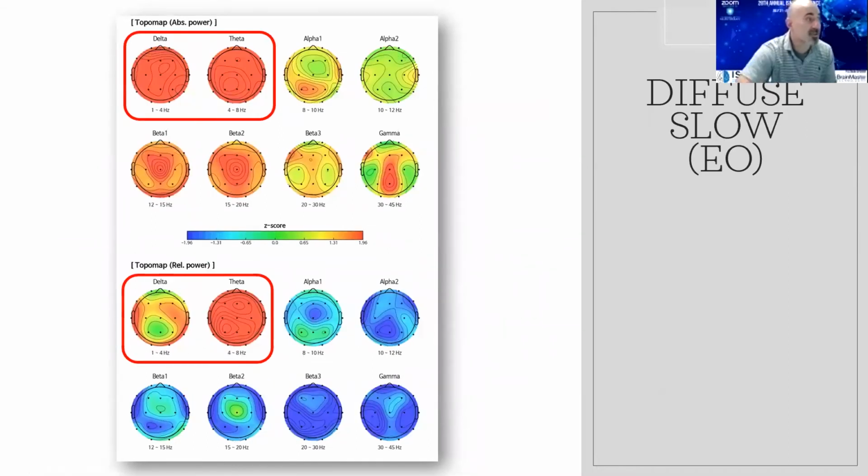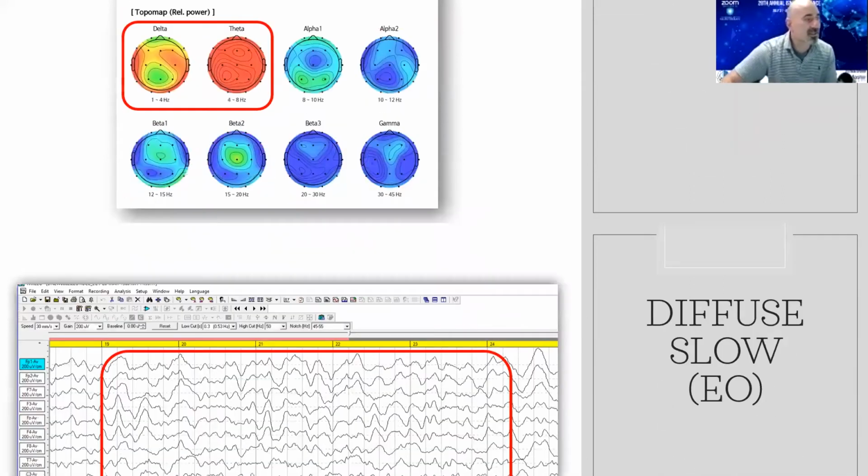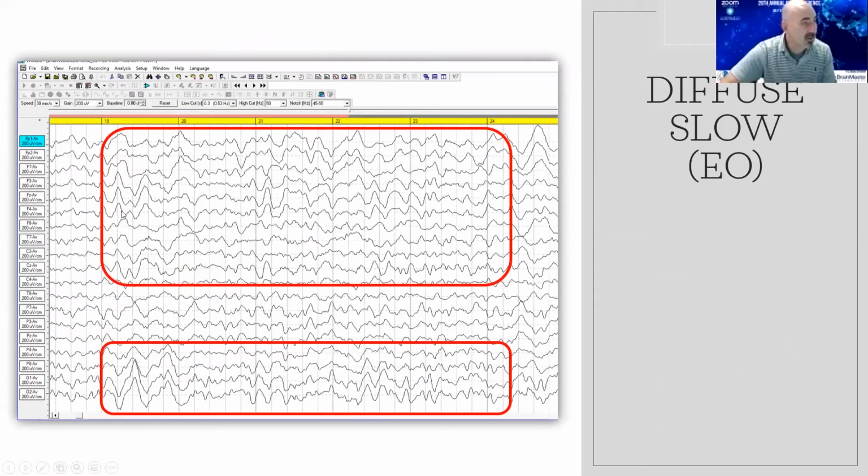And diffuse slow. Now we are looking at a brain that is 2+ standard deviations, so in the 95th plus percentile for excess delta and excess theta. I mean, this looks somewhat plus or minus similar, not so much, to the one we were looking at before. But when we look at this in the EEG, hopefully you didn't need the red boxes to see these big, slow waves happening.